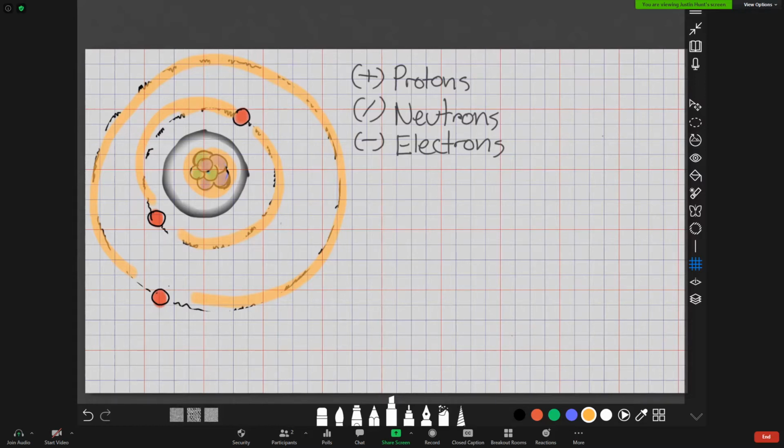Now, when we're talking about electricity, what we're actually talking about specifically is the movement of electrons from one atom to another. As these protons and neutrons are tightly bound and make up essentially the identity of the atom, the electrons are free to move.